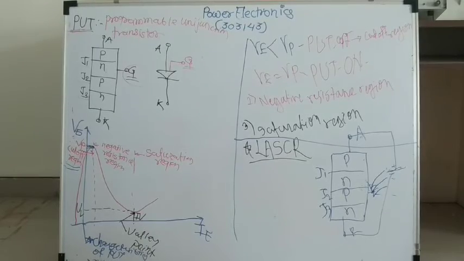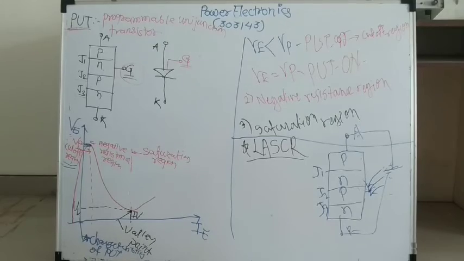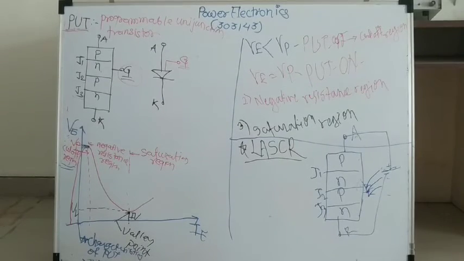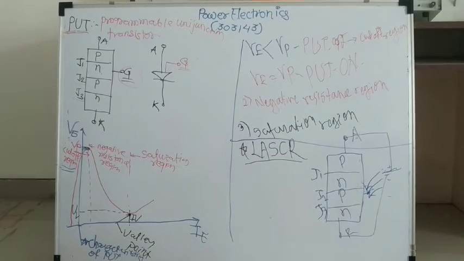Now the second difference point is the value of the intrinsic standoff ratio. For UJT, the intrinsic standoff ratio is constant, but in PUT it can be adjusted with an external potentiometer.